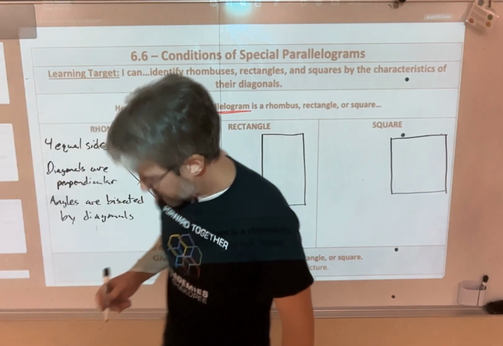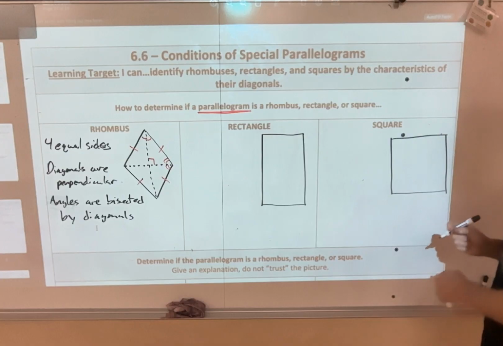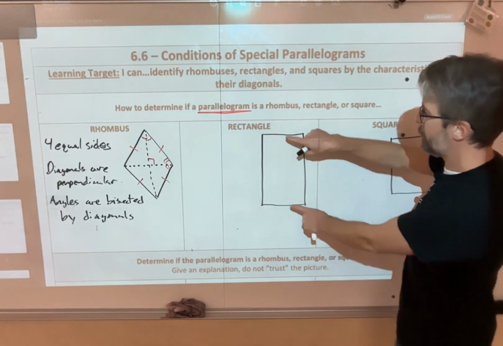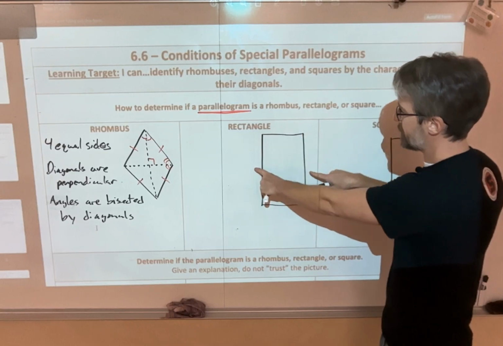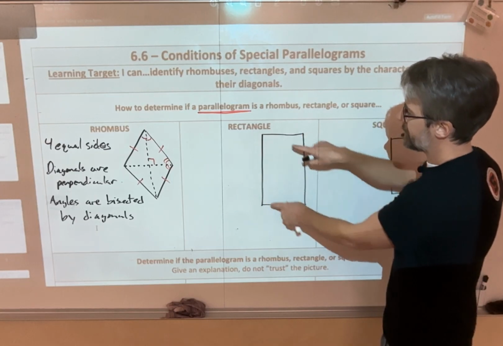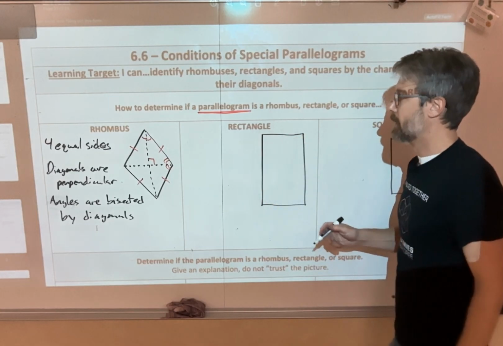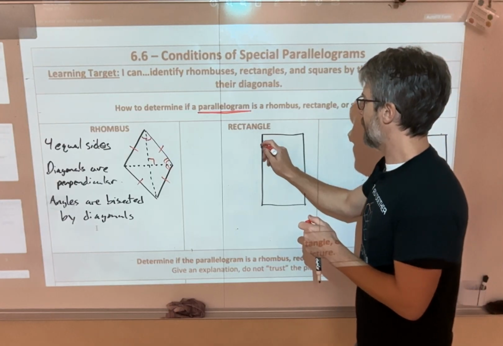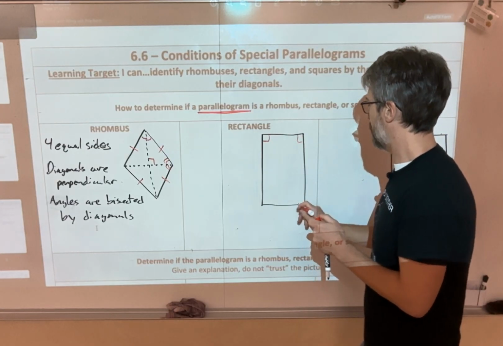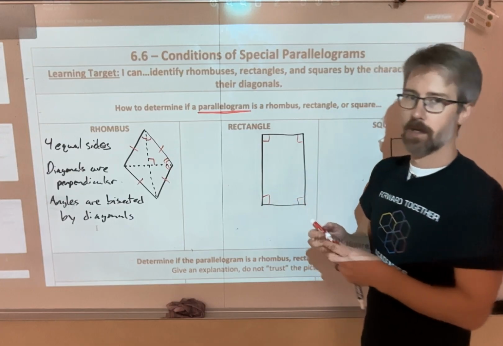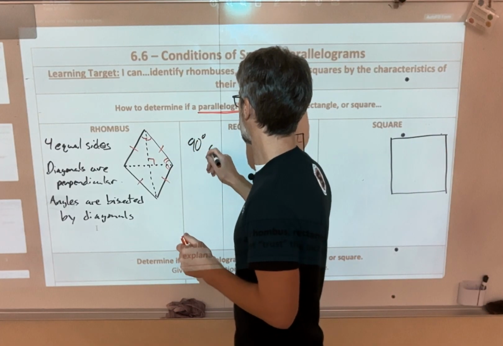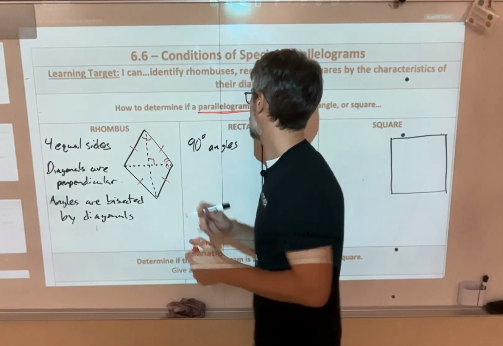Okay, so a rectangle. How do we tell whether or not a parallelogram is a rectangle? Now again, it's given that these are congruent, these are congruent, and that these two are parallel, these two are parallel. I can tell this is a rectangle if I know that all 4 angles are right angles, or 90-degree angles, right?